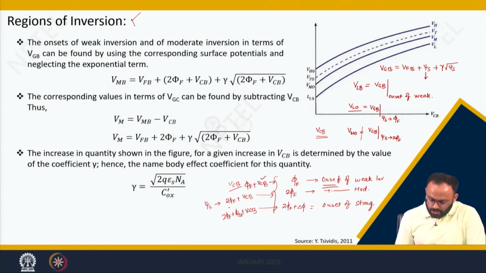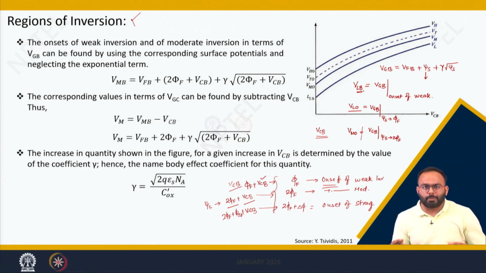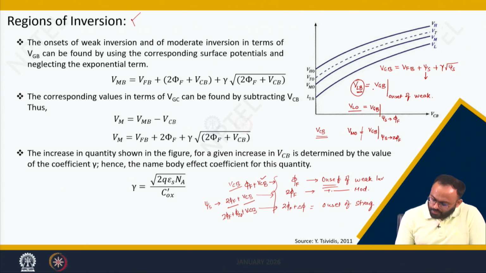Similarly, the surface potential should be 2 phi F plus VCB to get the onset of moderate inversion, and so forth. Now we are defining another term with respect to B, because now we have two supplies, VCB and VGB. So to differentiate, we define a new term, VLB, where we take the onset of weak inversion under the influence of VCB, which is phi F plus VCB.